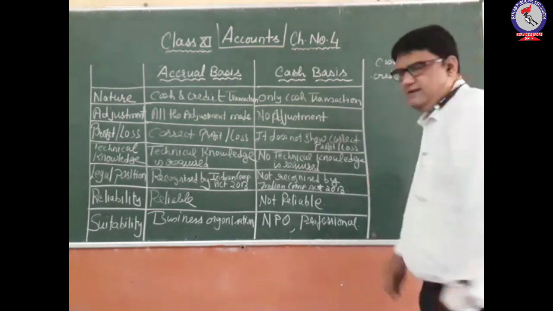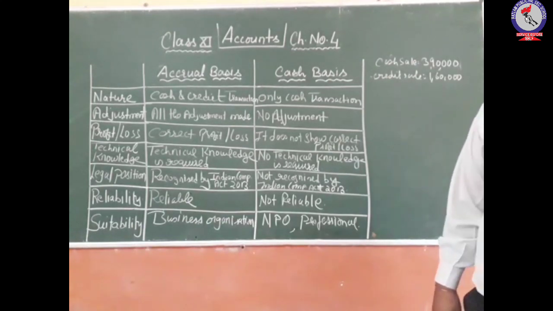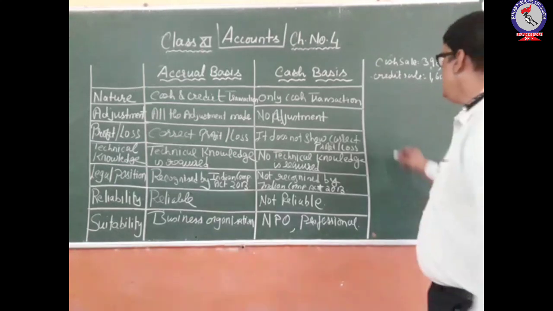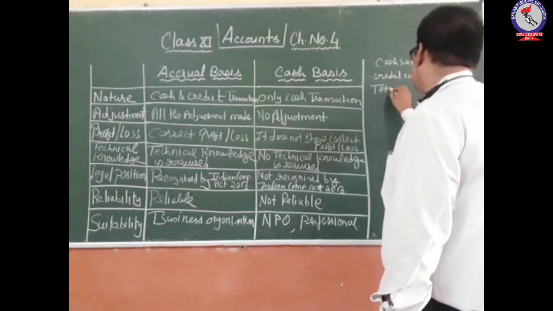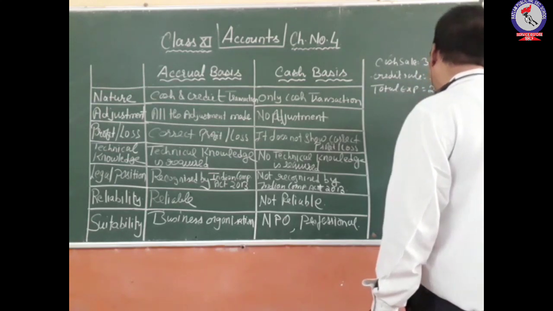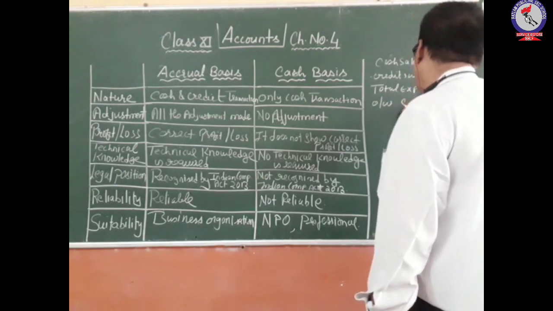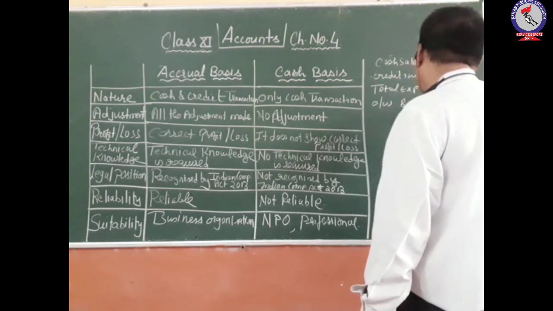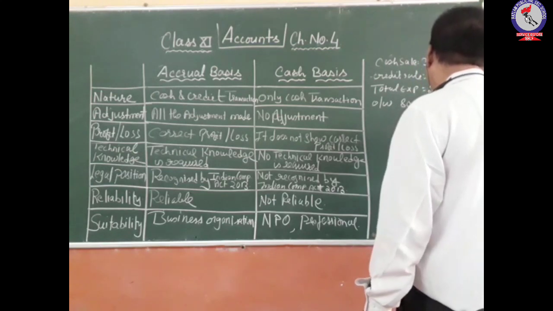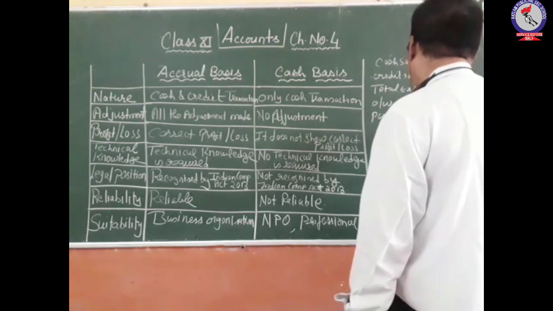1,60,000. Okay. And then they have said that the expenses during the year were 2,70,000, out of which 80,000 is still to be paid. Okay, so these are total expenses, that is 2,70,000, and out of which 80,000 is to be paid. 80,000 we have not yet paid.